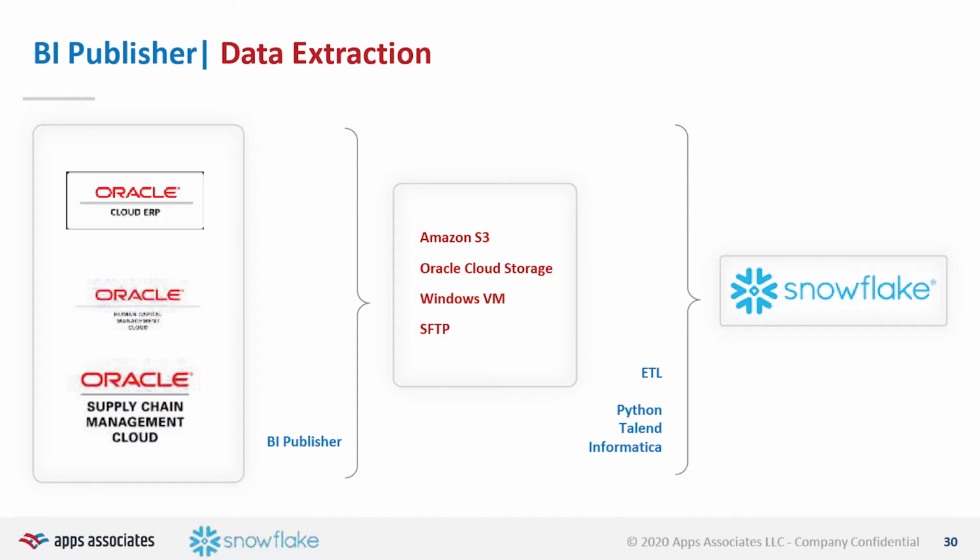But what we have done at AppSource is we've been able to extract this information and move it to different external locations, whether it is Amazon S3, Oracle Cloud Storage, Windows VM, or an SFTP location as well.